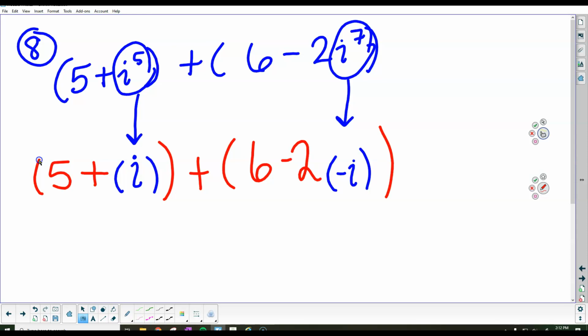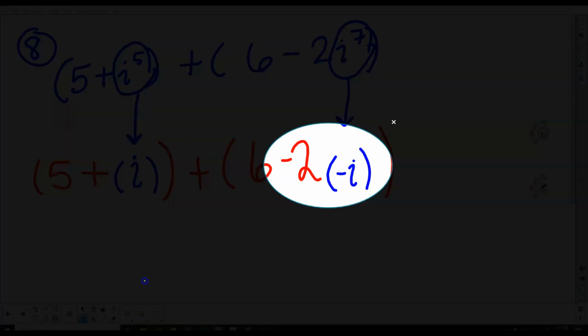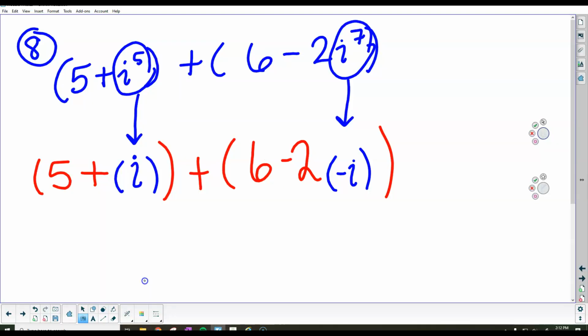So finally we're on a level, guys. This might be level 1 because of this right here. What is a negative times a negative? You have to change that to plus 2i. So here we go with our work.